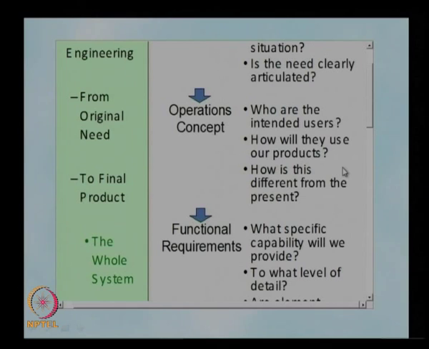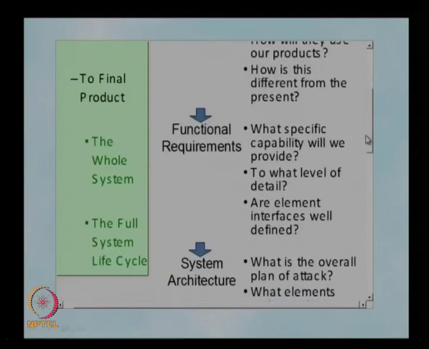Once we have this operations concept, we go to the next level of functional requirements. What specific capability will we provide in this system to satisfy the customer requirement, to what level of detail do we need to provide these requirements, and whether all the element interfaces are well defined within the requirements. Once we have the answers to these questions, we have our functional requirements ready.